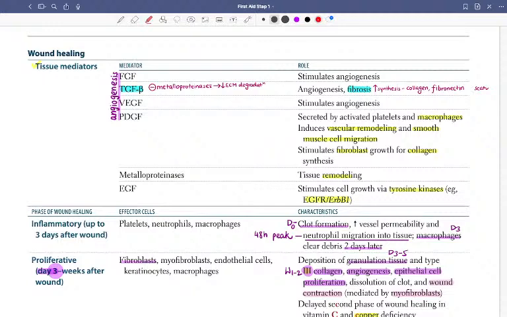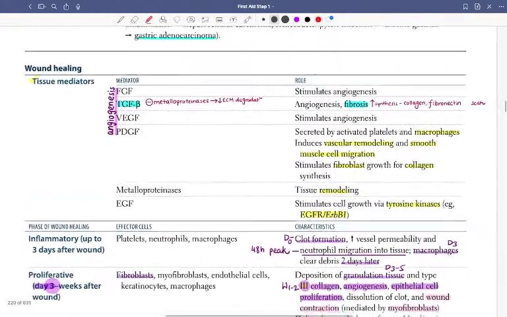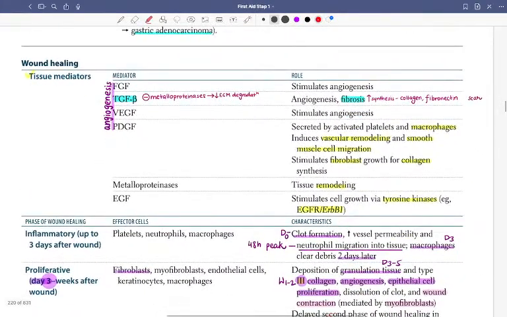FGF, so wound healing tissue mediators. The main thing in this table is TGF beta, most important.